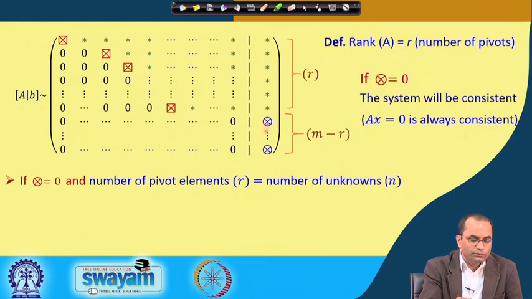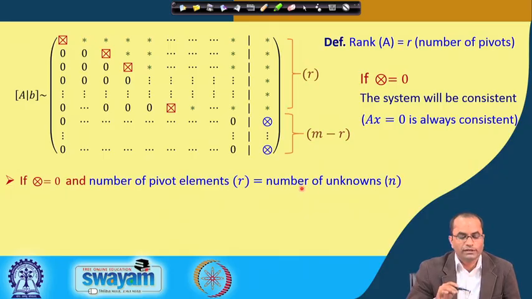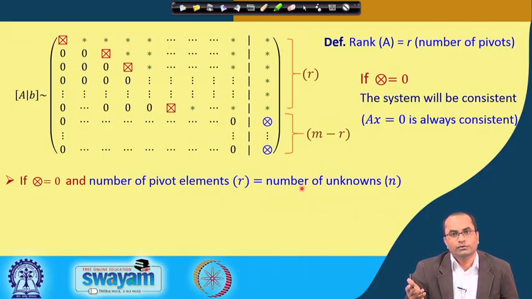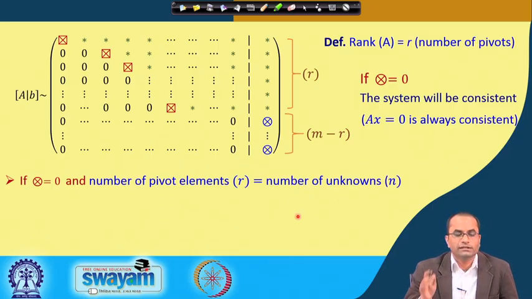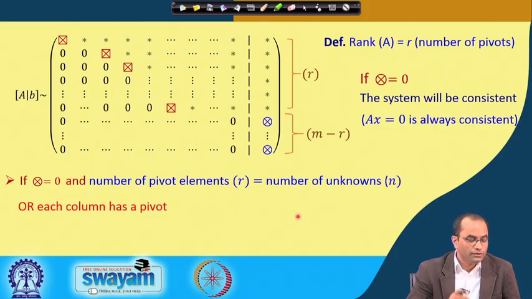here when we take this case that these are zeros, meaning the system is consistent, then there are two cases. The first is when the number of pivot elements is equal to the number of unknowns, a case we have also seen in the last lecture. In other words, each column has a pivot, because the columns are exactly the number of unknowns.